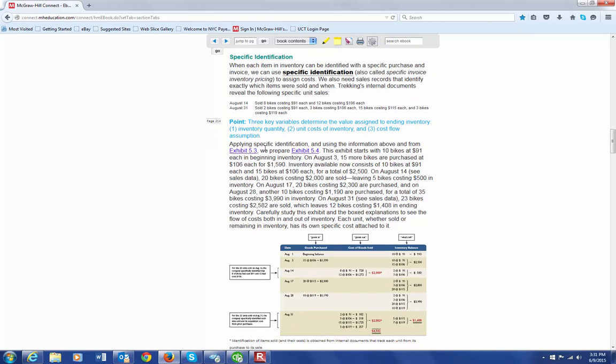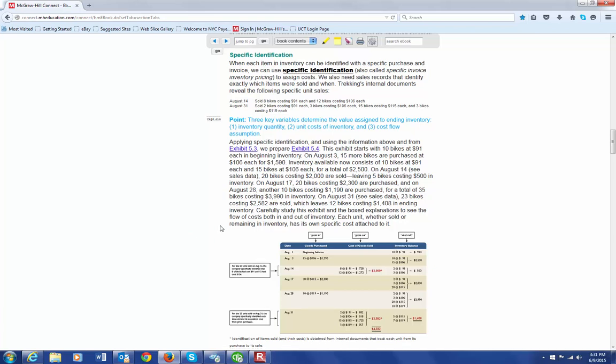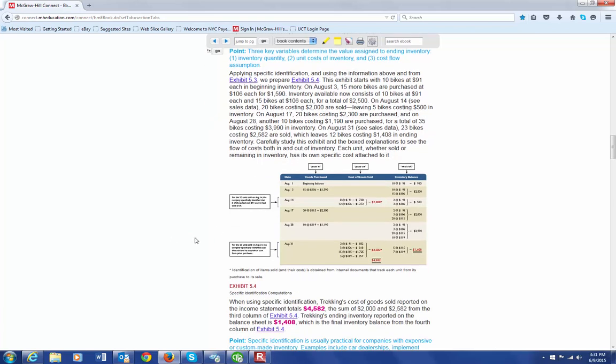Alright, so if we applied this specific identification to the example that we're given here, I think you can follow this by looking at it in terms of exactly which of the bikes were sold, and therefore being able to price out exactly what they were sold for.